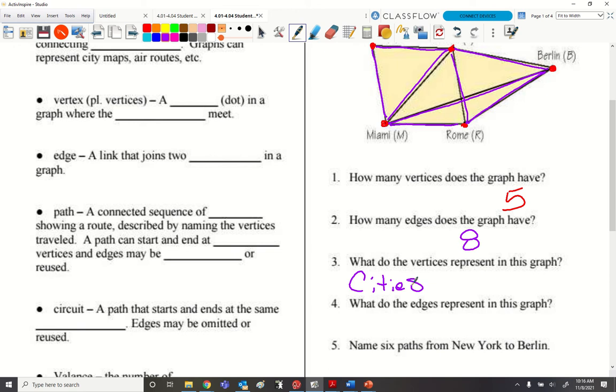We could take a train from New York to London. You take a plane, right? So all these are direct flights, and that's why it is a straight line. It's not a train because that would wiggle around. It's not a car because no roads are actually there. It'll be a plane, right? Yeah, these are going to be planes. So these are plane routes.